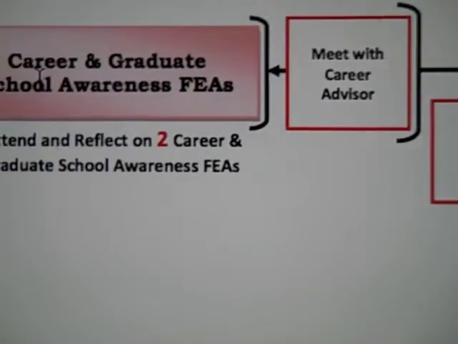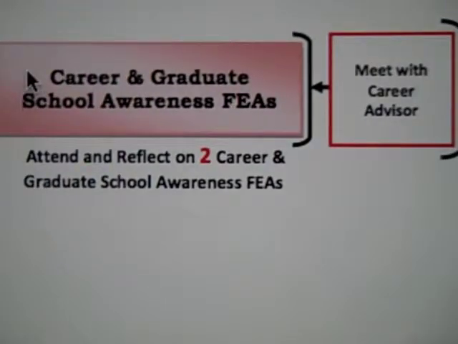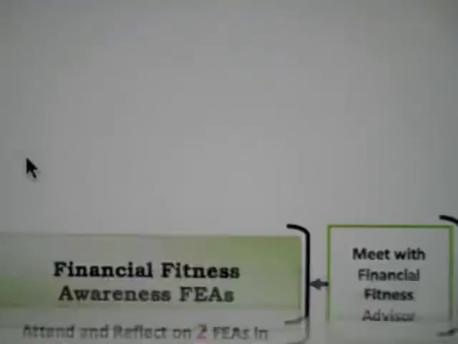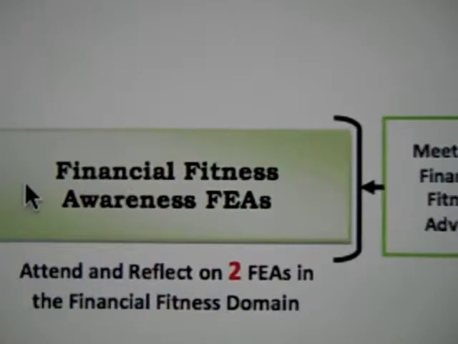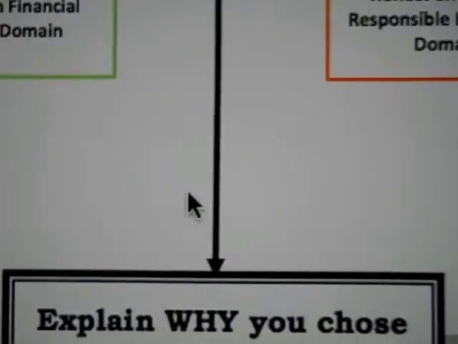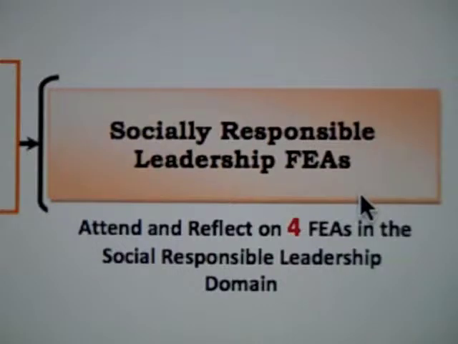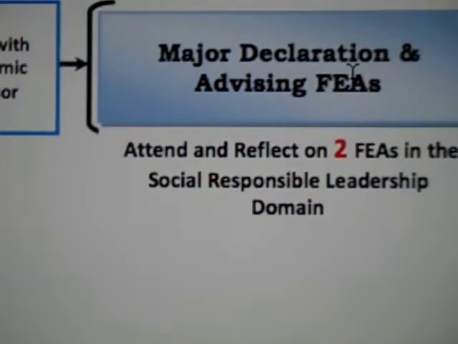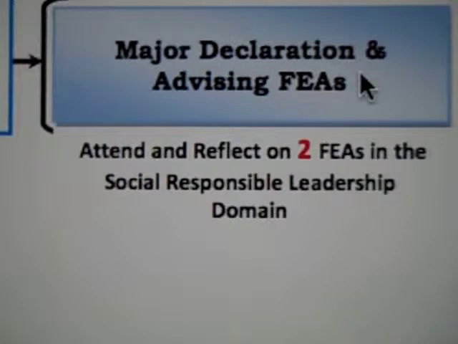So you can see 2 FEAs for the career and graduate school domain, 2 FEAs for the financial fitness domain, 4 for the social responsible leadership domain, because that's a much deeper experience that we want you to have. And then finally 2 for the major declaration and advising domain.